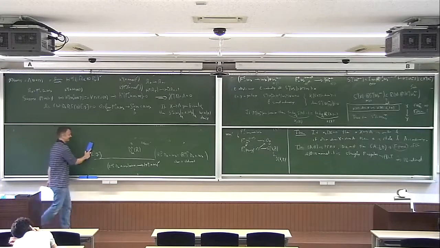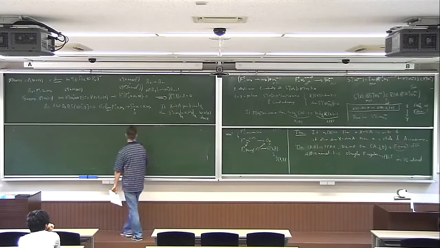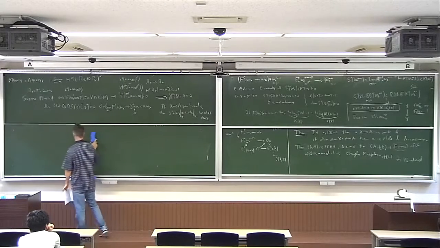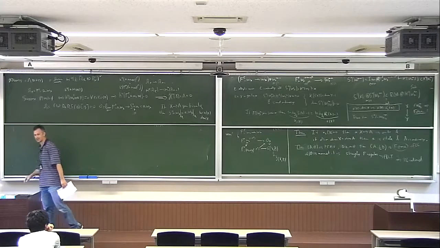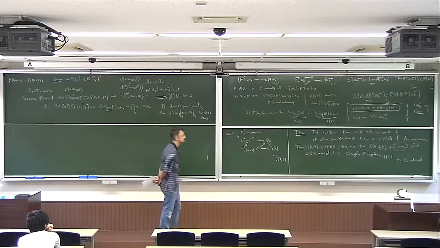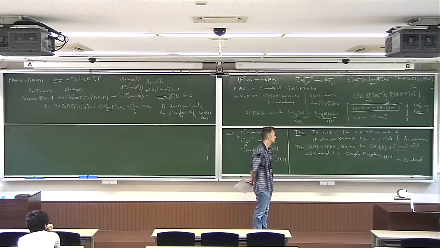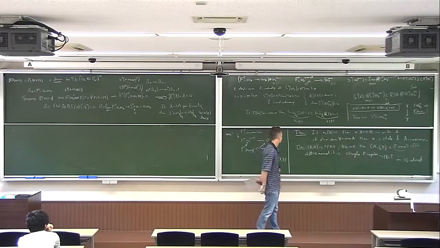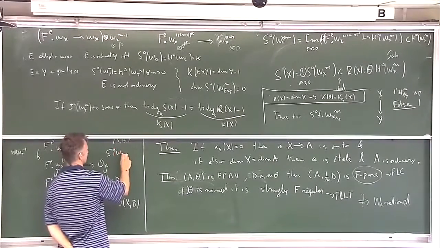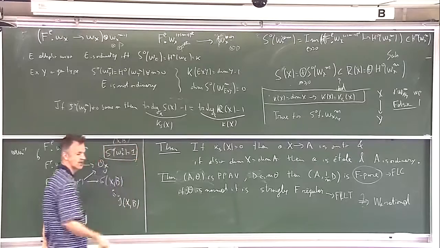So I thought you told us that we should be thinking about the stable locus instead of the whole thing. Yes. And then how come I cannot say the corresponding statement? Well, I don't know. I just cannot prove it yet.